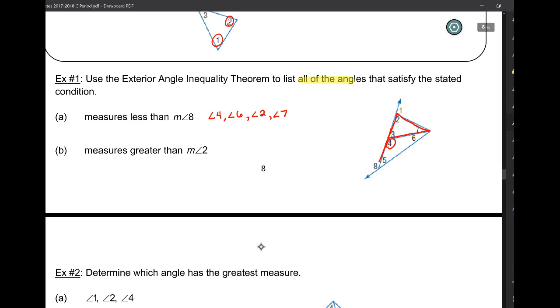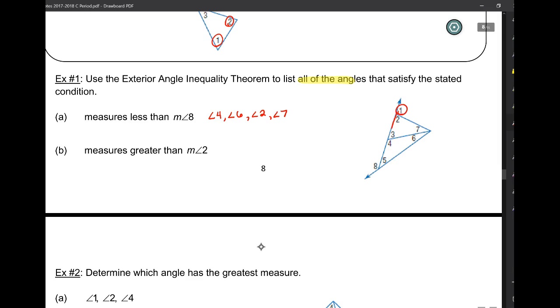And then we could even do angle 1, right? 7 and 5 and 6. Why won't it be 4, though? Okay, but 4 is not a remote interior angle to angle 1.